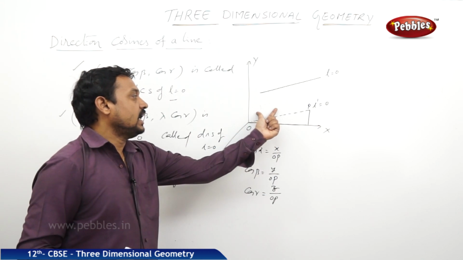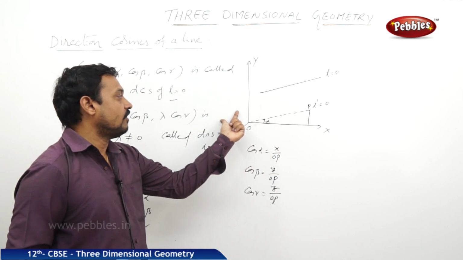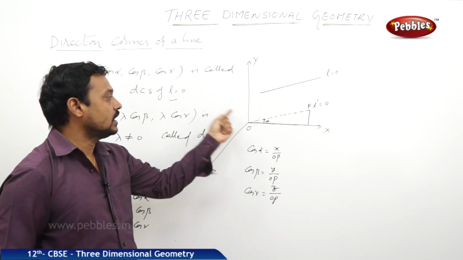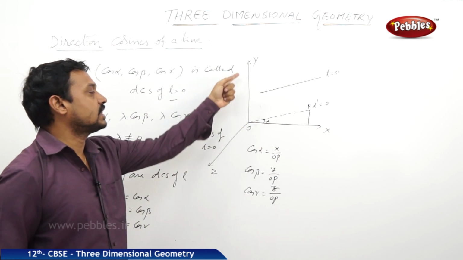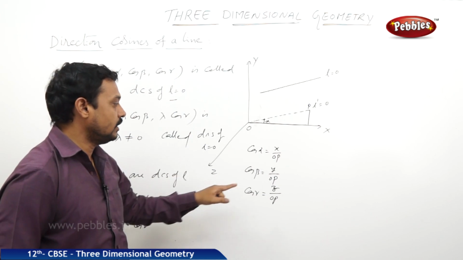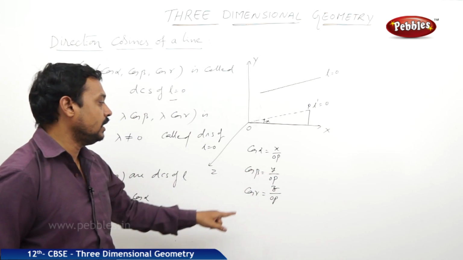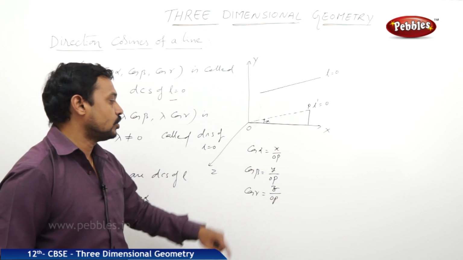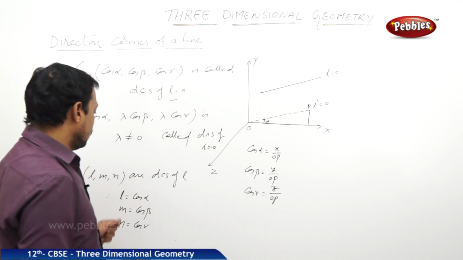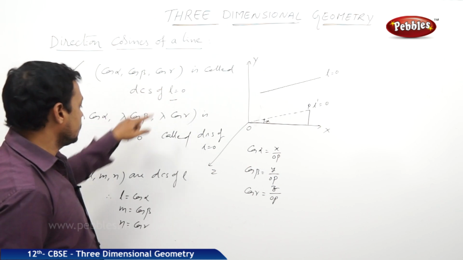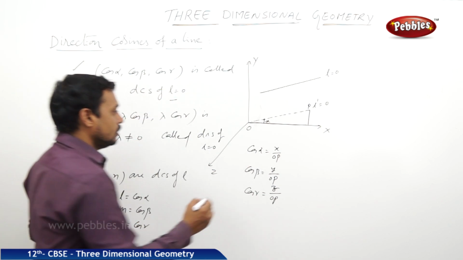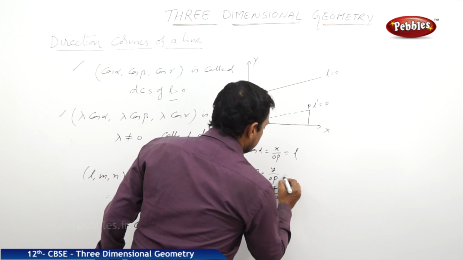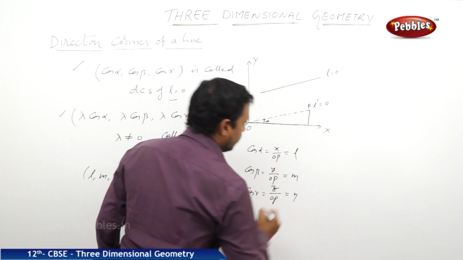If this line makes a beta angle with the y-axis, then you get another right angle triangle with respect to the y-axis. From that, cos beta is equal to y by OP. Similarly, with respect to the z-axis, cos gamma is equal to z by OP. But generally, the direction cosines are represented by l, m, n.